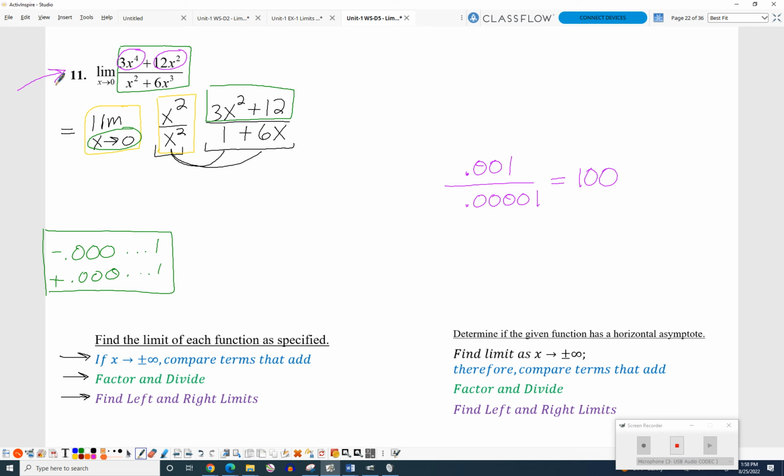You have to factor. Once you factor, there's no ambiguity because it's the comparison thing again. When we have this being close to 0 and we add it to 12, we know that numerator is dang close to 12. The bottom we know is dang close to 1, so the overall limit is simply 12.